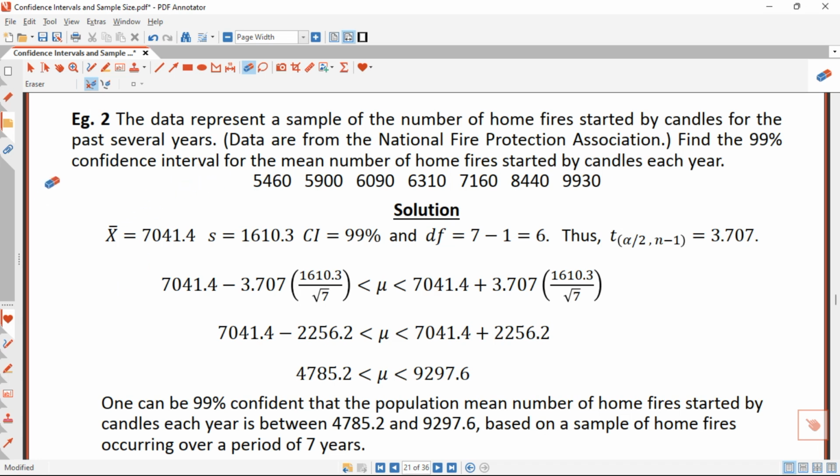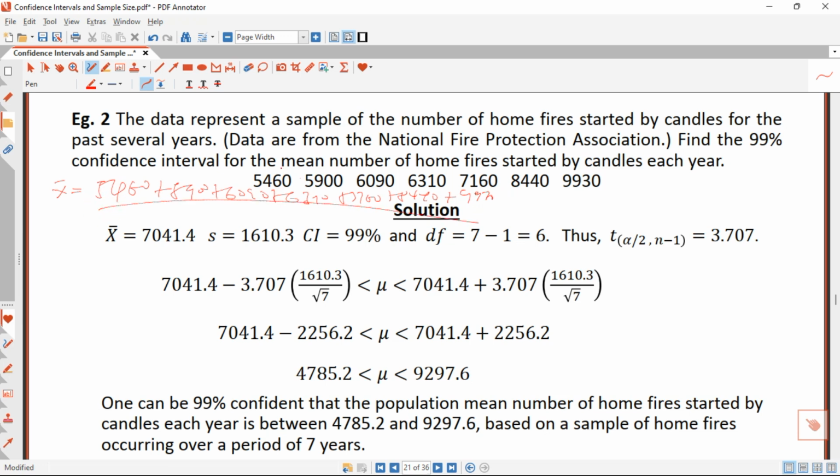The sample mean, as you already know, is just our x bar, which is equal to 5460 plus 5900 plus 6090 plus 6310 plus 7160 plus 8440 plus 9930, divided by our n, the total.